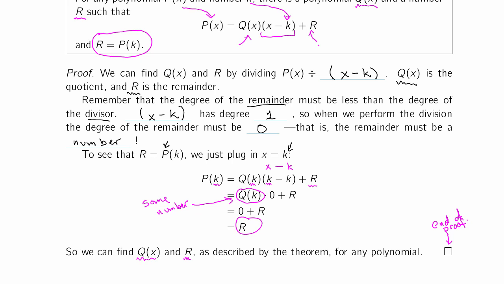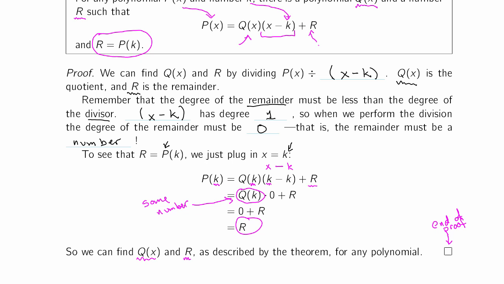Because usually after we finish proving something, we're going to want to do something with it. And what about this theorem? Right, now we know that we can do division. We knew that already. And the remainder is going to be what we get when we evaluate the polynomial.